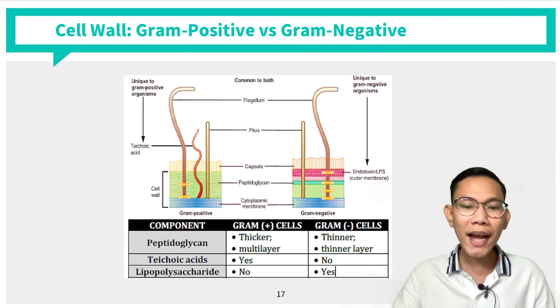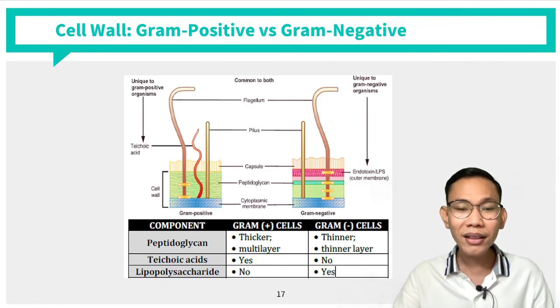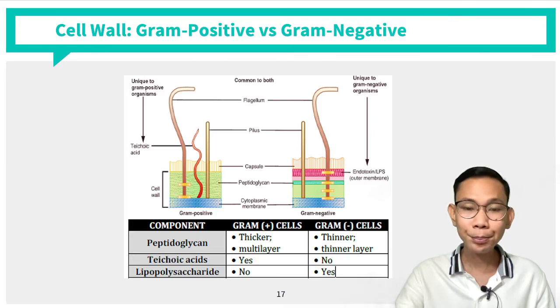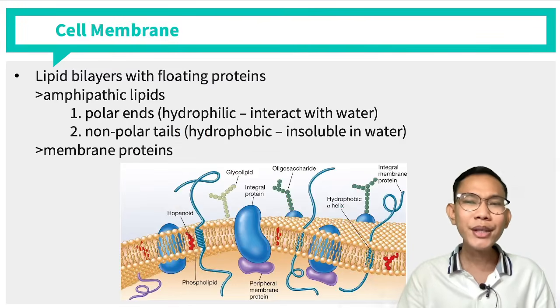How about your teichoic acid? Your teichoic acid is only present in your gram-positive cells. How about your lipopolysaccharide? Your lipopolysaccharide is only present in your gram-negative cells. So please do not forget this table because this table is very important to differentiate your gram-positive versus your gram-negative cells.